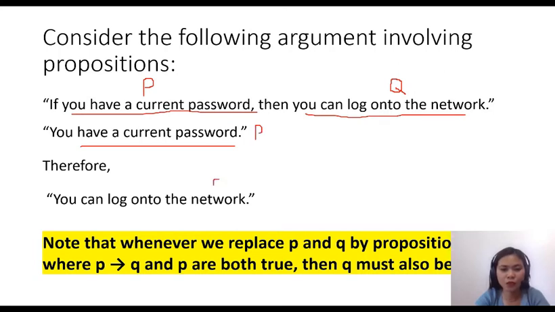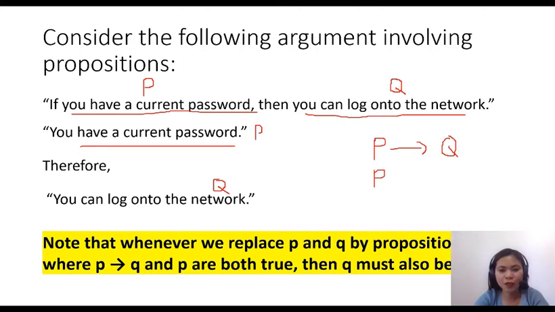This is proposition Q. Now, this argument has the form of P implication Q. So how did I come up with this form? It is from if you have a current password. So that is if P, then Q. So this is if P, then Q, right? And then we're going to write here P because P represents you have a current password.